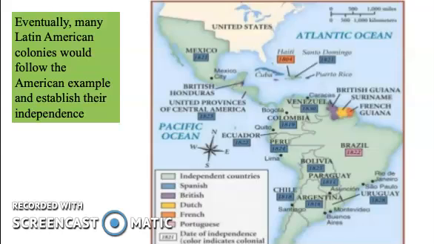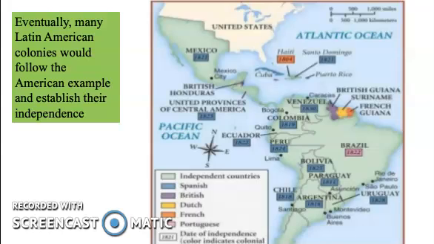And further on south, we see Latin American colonies would follow this American example, and they start to establish their own independence. On the map, which if you're watching on your phone, some of the dates may be a little hard for you to see, but you can see that in the early 1800s, many South American nations, such as Bolivia, Paraguay, which in 1825 and 1828, Uruguay in 1828, Argentina in 1816, are all starting to gain their independence from both Spain and from Portugal.